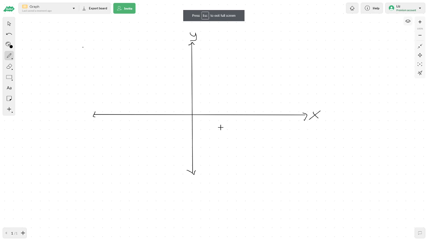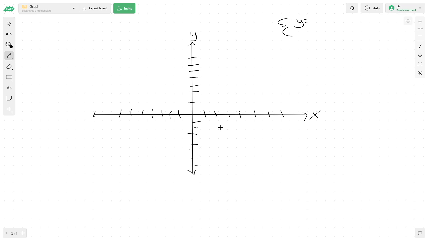So we have a graph here, an XY axis, and we're looking at the equations y equals 2x and y equals negative x plus 3. So I need to graph these two equations.